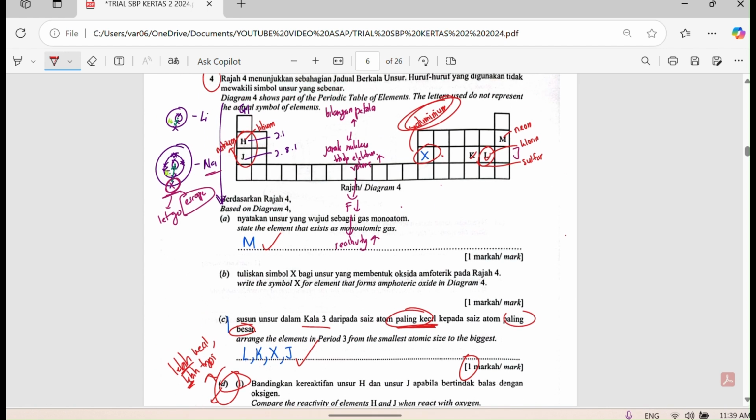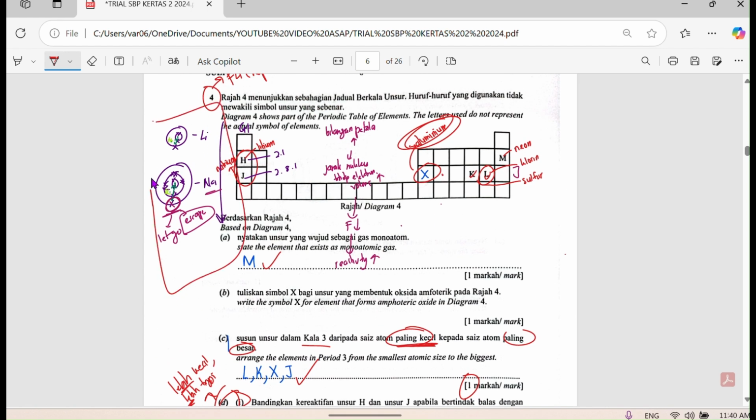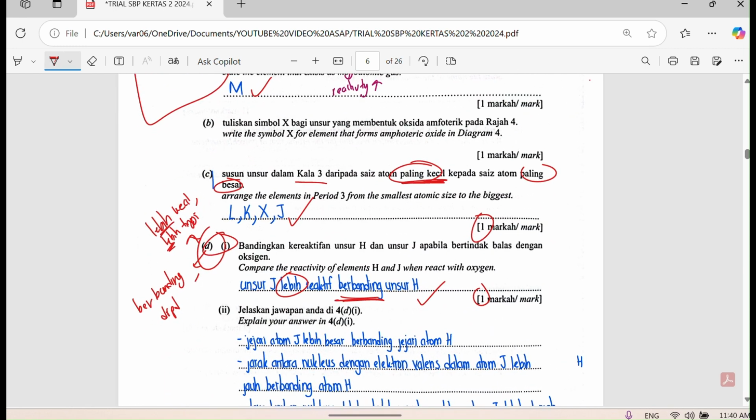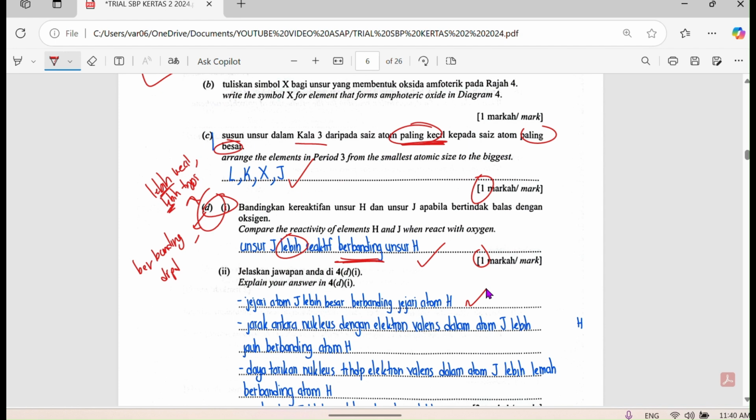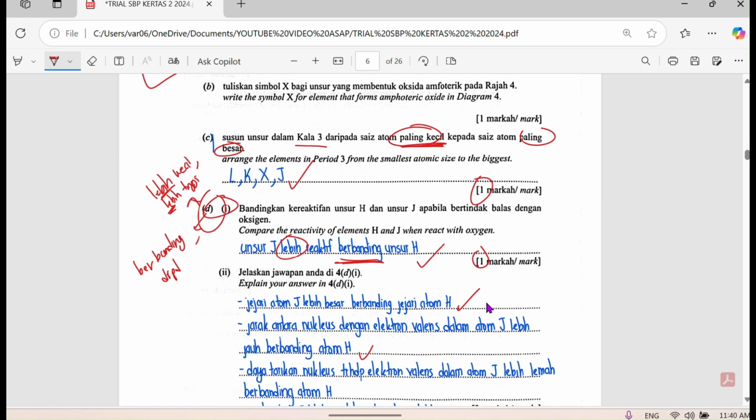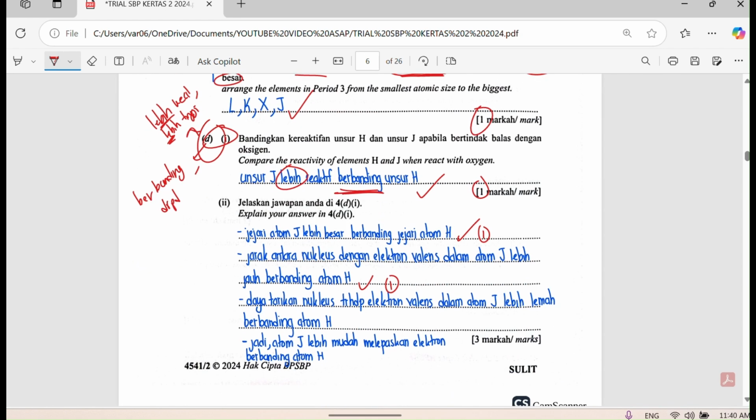Alright, for this 4D, I already explained it here for you. You just have to write it in the form of sentences. Jejari atom J lebih besar berbanding jejari atom H. Sorry, the radius. Jarak antara nukleus dengan elektron valens dalam atom J lebih jauh berbanding atom H. Alright, 1 mark there.